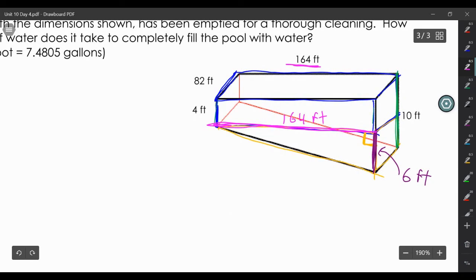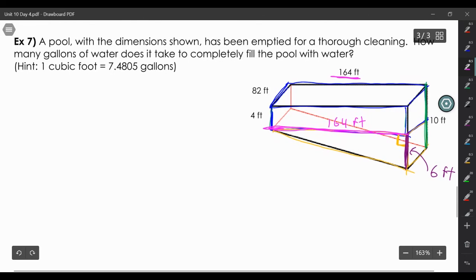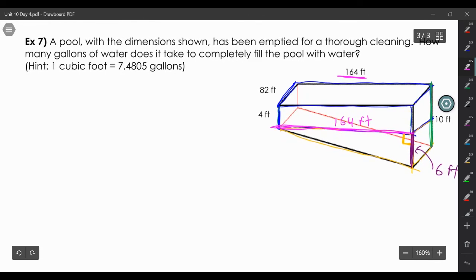So now we have our two shapes, and we can calculate the volume of these. So the volume of the triangular prism, let's do that one first. So the T prism, we got to find the area of the triangle base first. This is a triangle base right here. That's going to be, so the base is going to be 1/2 times 6 times 164.